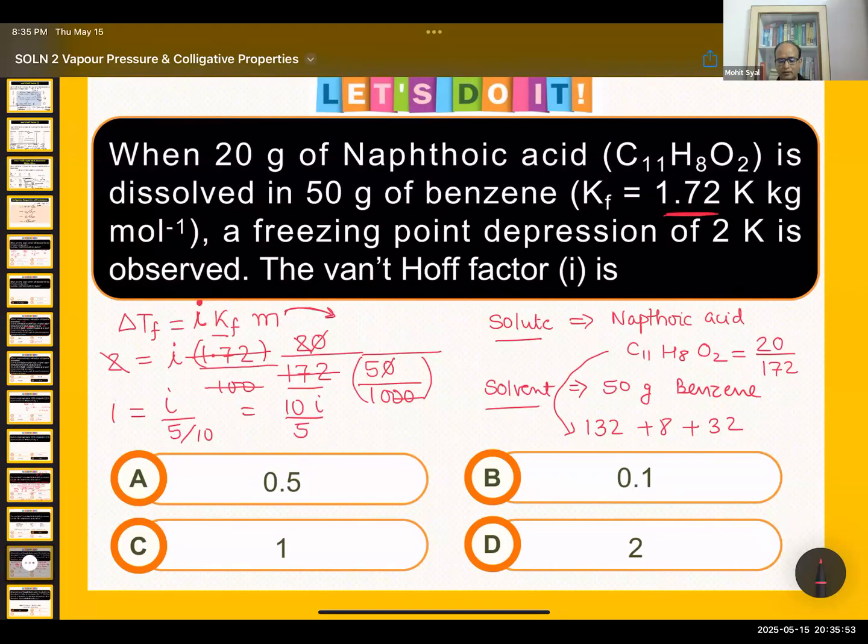So i is equal to 5 by 10, that is 0.5. Get it? Is it clear? Everybody is getting the answer. Any step if it is not clear, any discrepancy?